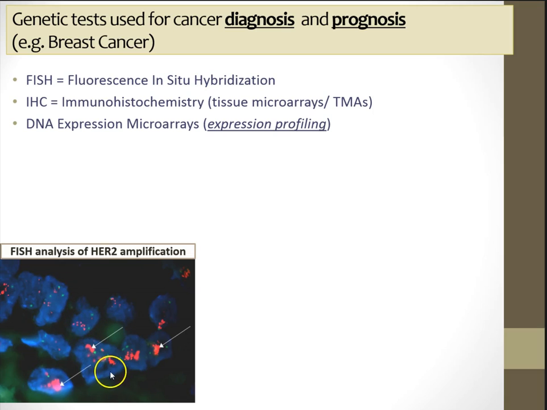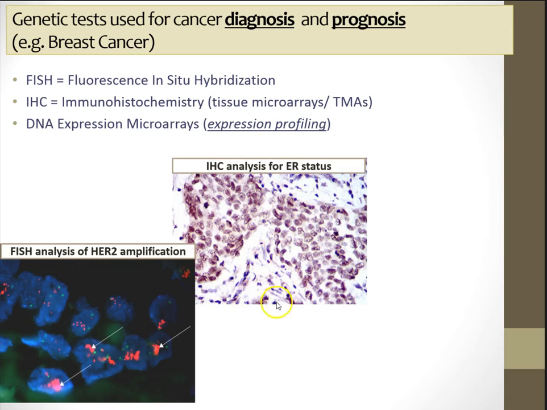All of these other red probes then indicate severe amplification of the HER2 gene itself. This then results in the overexpression of the HER2 gene. We can also use immunohistochemical analysis for certain genes, for instance, for estrogen receptor status. So in this particular IHC from my lab, we have brown staining that indicates the expression of the estrogen receptor. So this particular invasive tumor is ER positive.